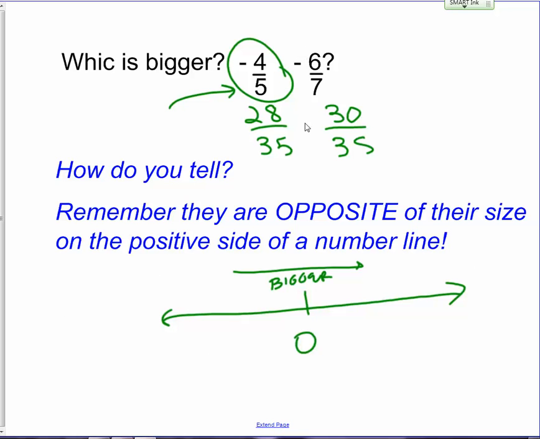So if we pretend that these are positive fractions, 6/7 is equal to 30/35. So it's bigger than 28/35. But we're on the opposite side of 0, so actually 28/35 as a negative number is the bigger fraction because it's going to be closer to 0.